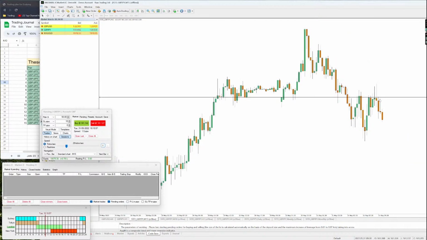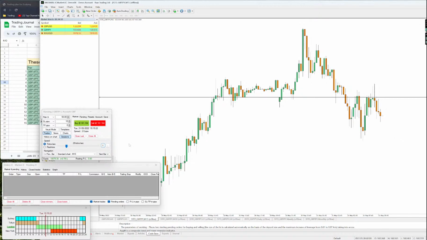But as you can see, these wicks are so nasty. Sometimes we get wicks all the way here, hitting our stop loss and then hitting TP. But yeah, I feel amazing because the setup played out.